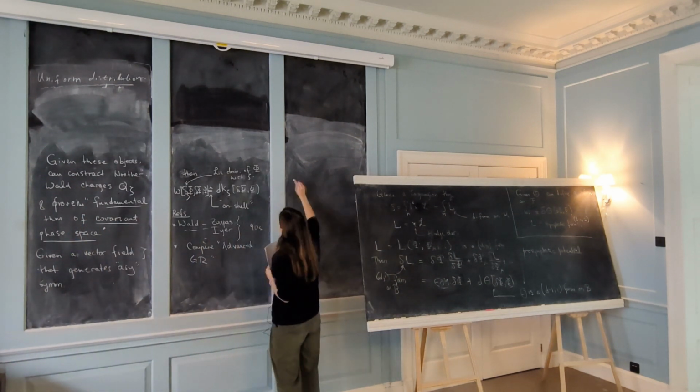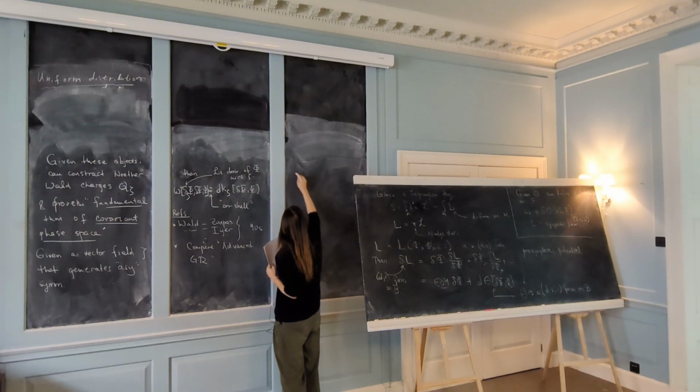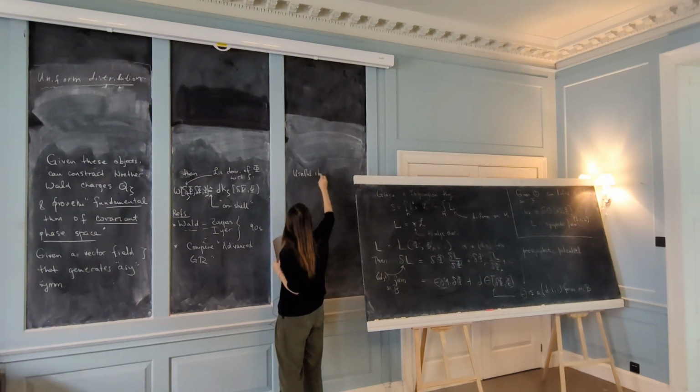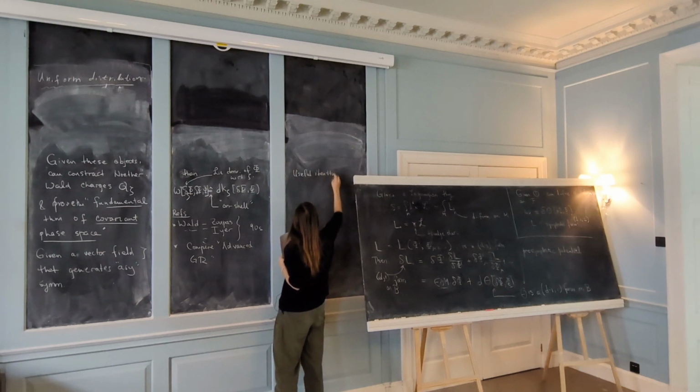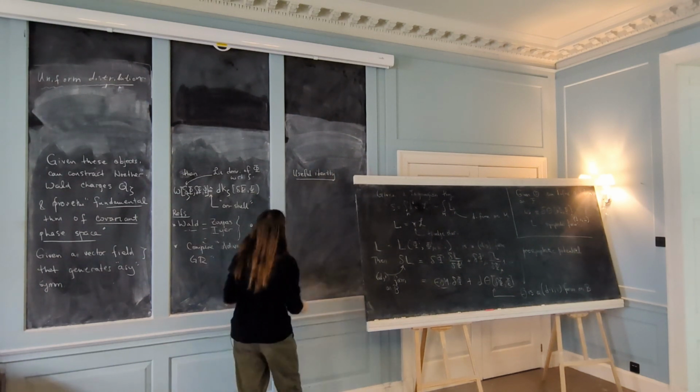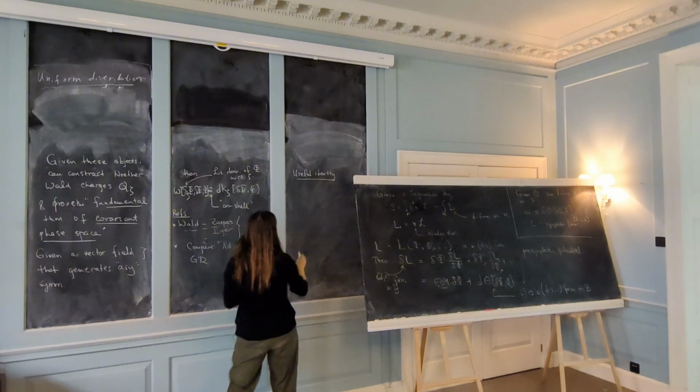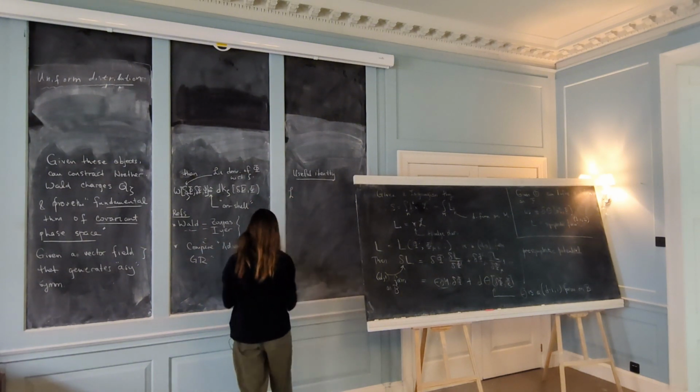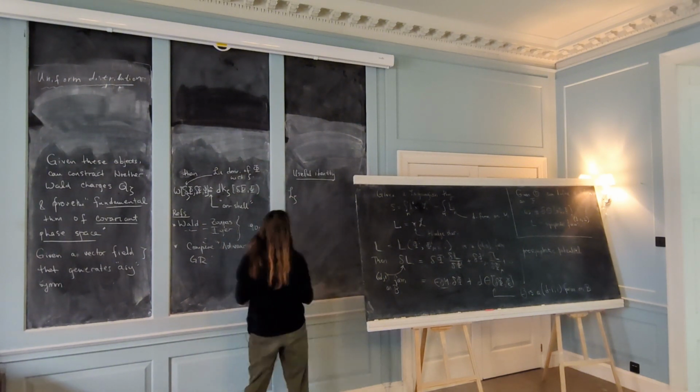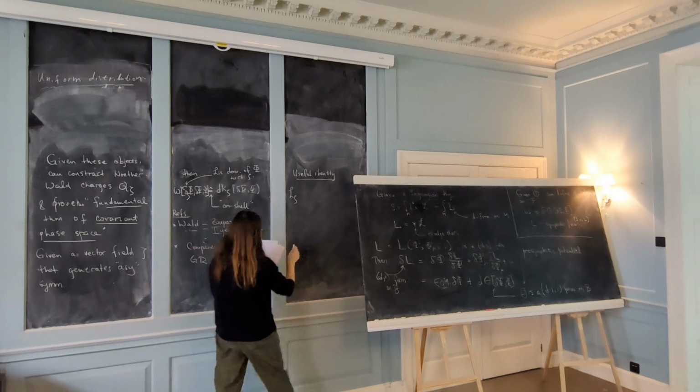To show some useful identities, there is really just one, the Cartan formula for the Lie derivative of generic forms.